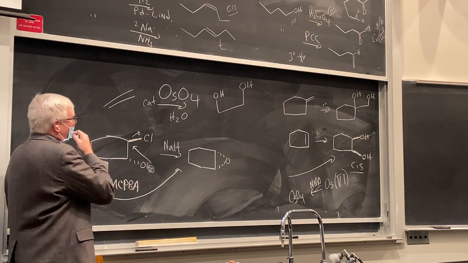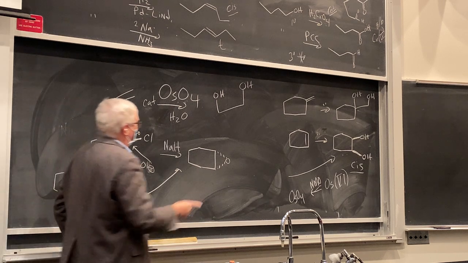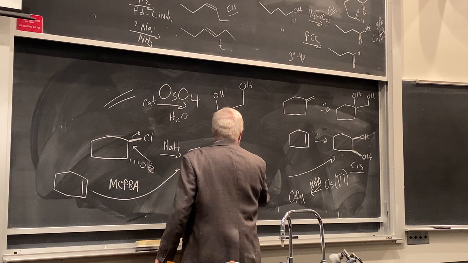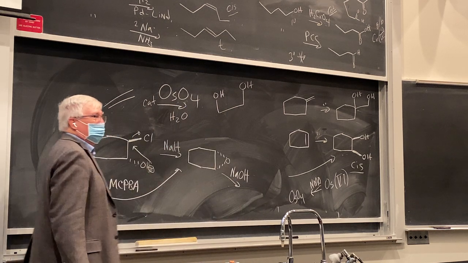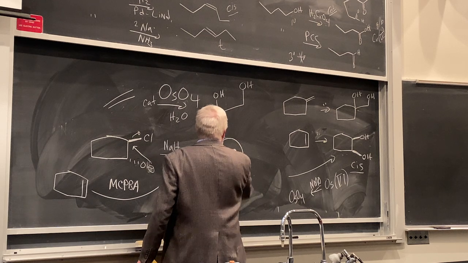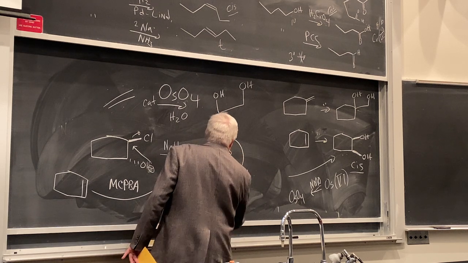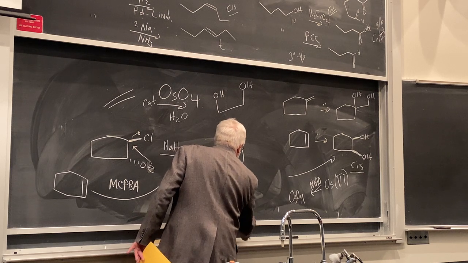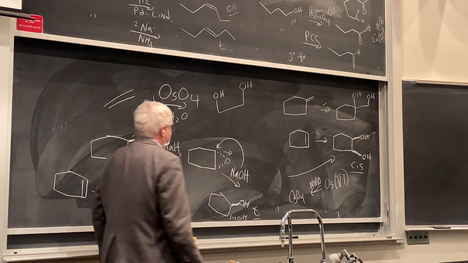Now, why am I pointing this out, relating it to osmium? Well, we open up the epoxide with sodium hydroxide. There's our charged nucleophile, right? Backside attack. And what is it going to give? It's going to give the trans product, okay?